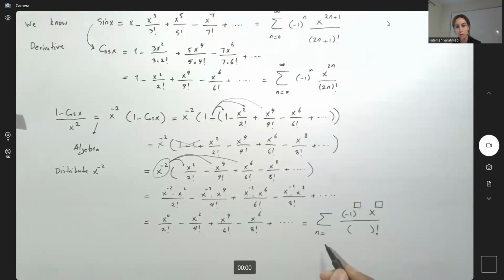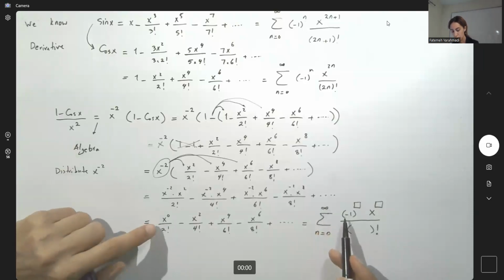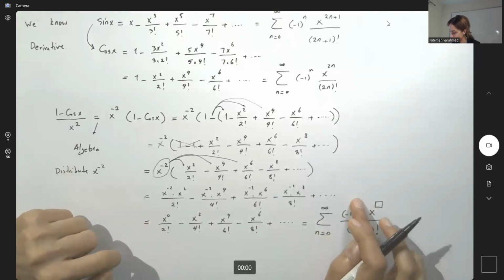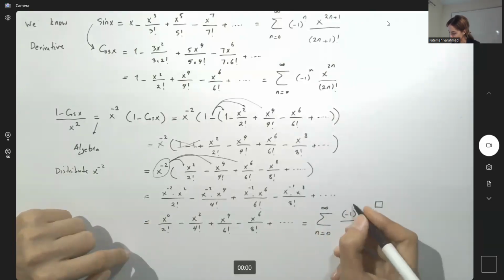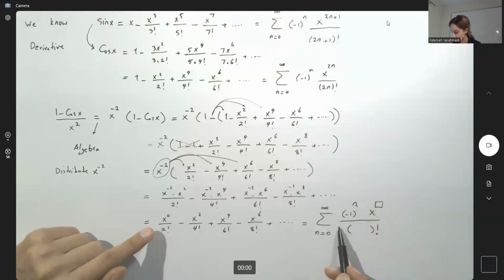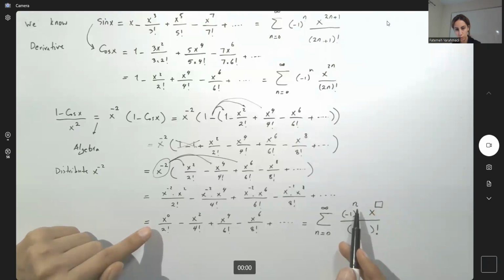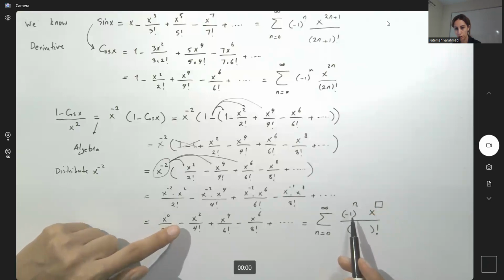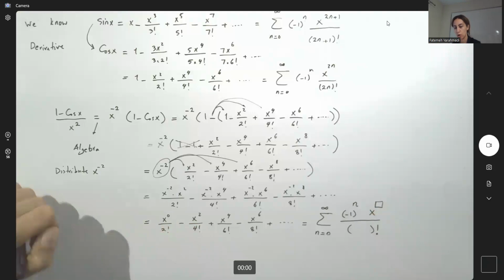So if you start with n equal to 0 going to infinity, your very first term is positive, right? So this should be negative 1 to the power n. If I plug in 0, I get negative 1 to the power 0, which is positive. If I plug in 1, I get negative 1 to the power 1, which is negative 1. The second term is correct. If n is equal to 2, I get a positive term, and so on.